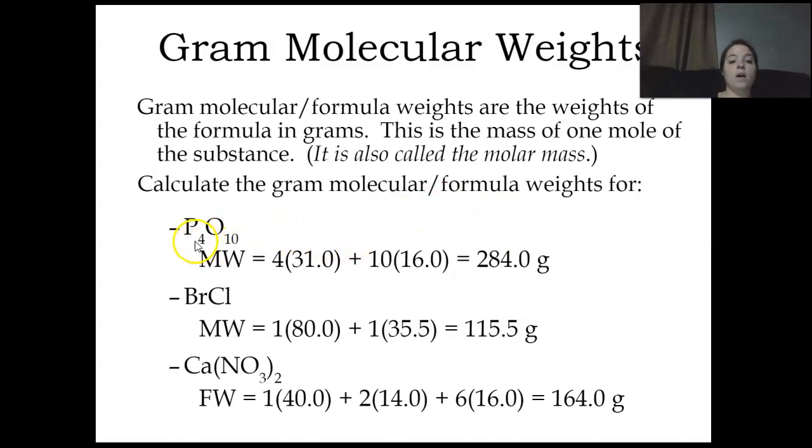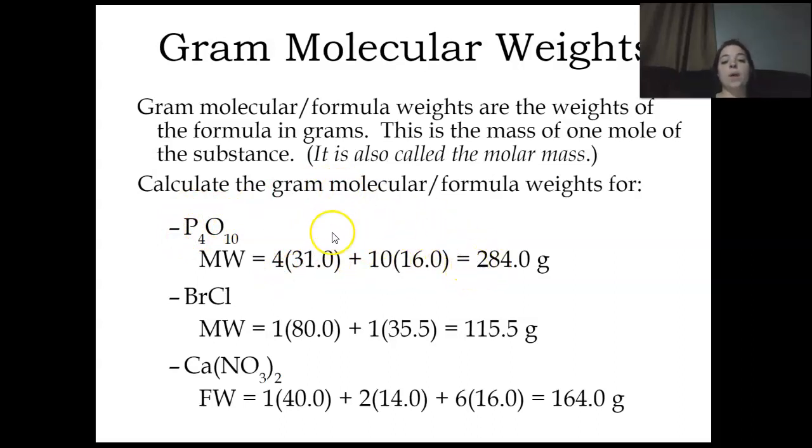So if I've got phosphorus decaoxide, you're going to have 4 times 31. That's how much phosphorus weighs, and 10 times 16.